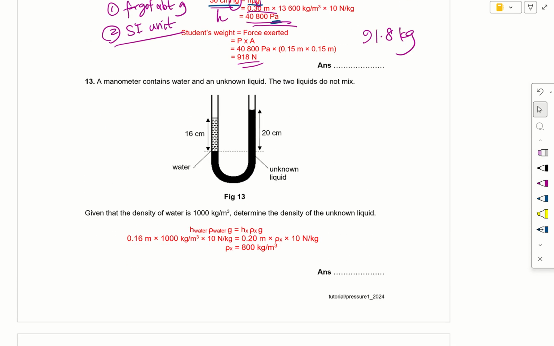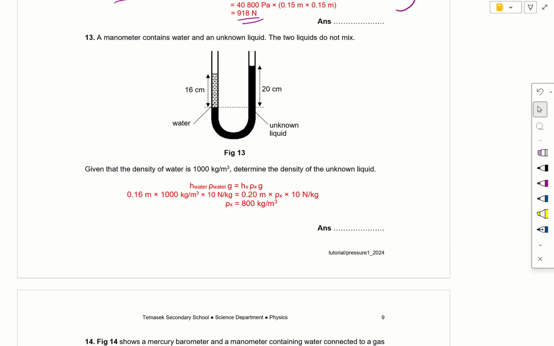Okay, question 13. Manometer contains water and unknown liquid. The two liquids do not mix. Given that the density of water is 1000 kg per meter cube, calculate the density of the unknown liquid. This one is the unknown liquid.